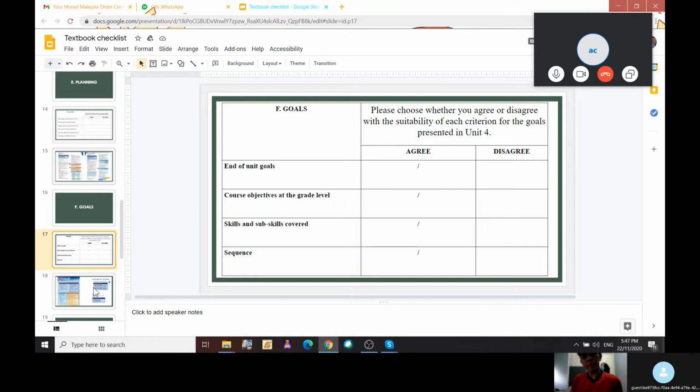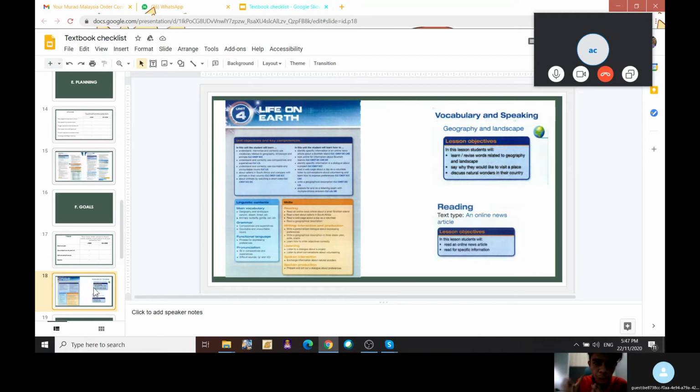And then the sequence. Sequence here is meant as what the teacher and students will be going through together inside the classroom from one subchapter to another, like 4.1, 4.2, 4.3. Does the textbook give a clear sequence?